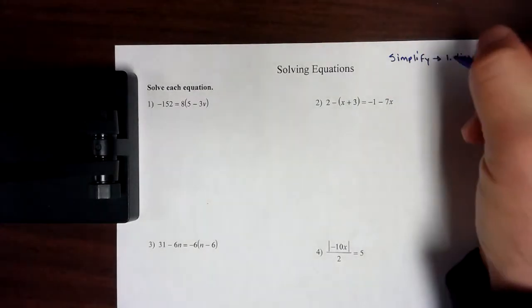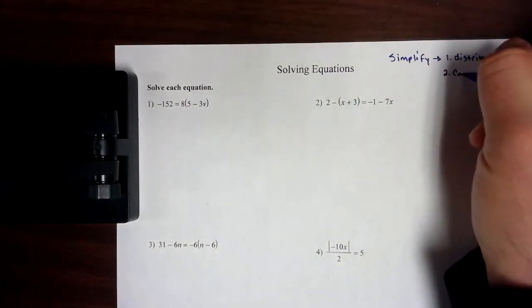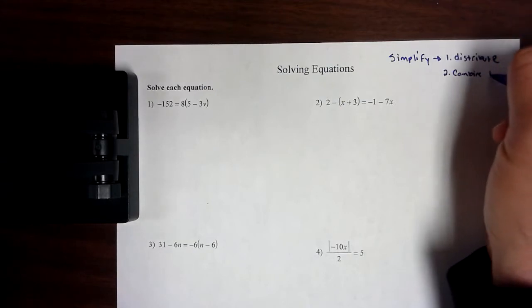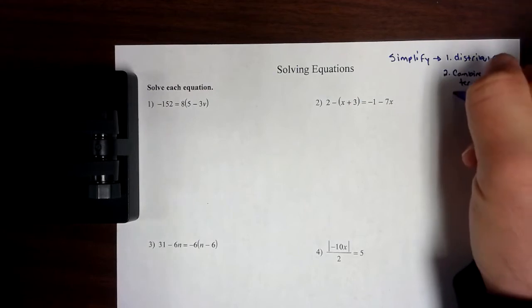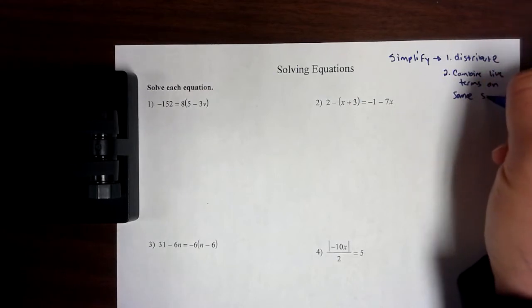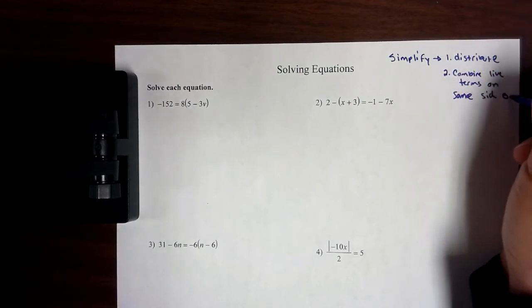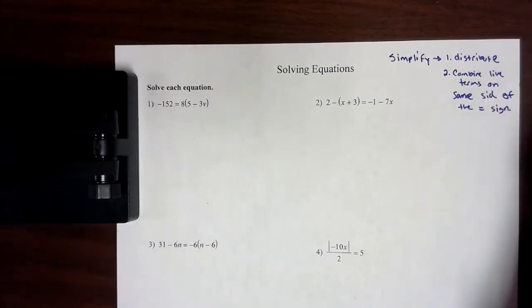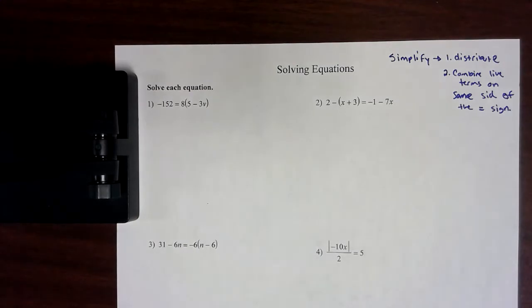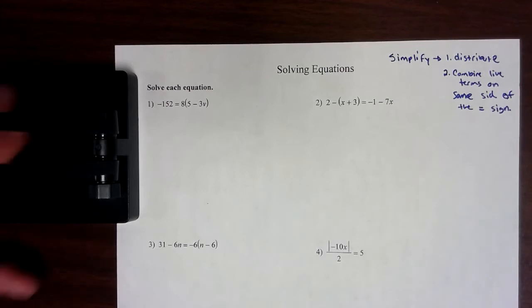So we're going to distribute, and then we're also going to combine like terms on the same side of the equal sign. So we want each side of the equation to be simplified before we go ahead and start to solve it. This is really, really important and actually makes solving the equations much more straightforward.